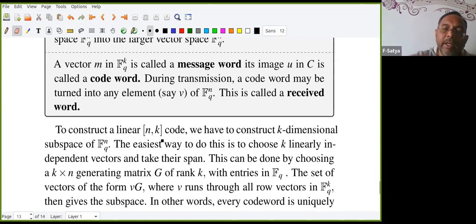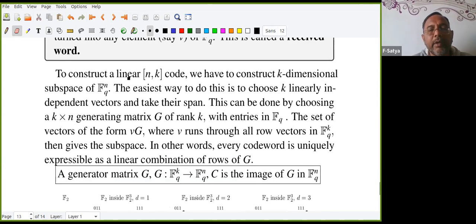Every element in F_q^k is a message. So the encoding function takes F_q^k to F_q^n.